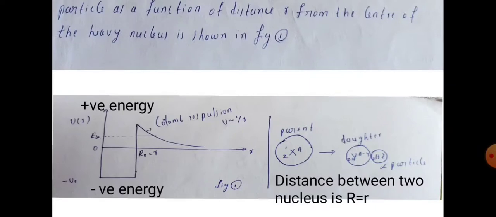This force holds these nuclei together. When this distance increases, that is when small r is greater than capital R, the Coulomb force becomes greater. As the distance between the parent nucleus and daughter nucleus increases, they separate from each other. Now let us see the next point.